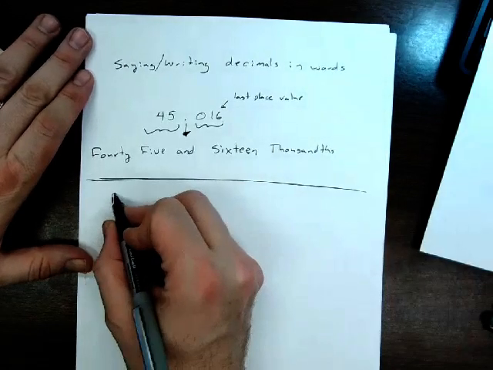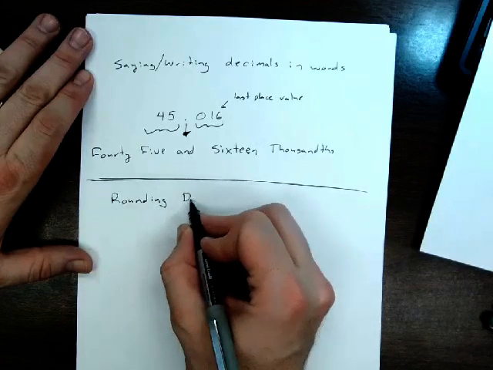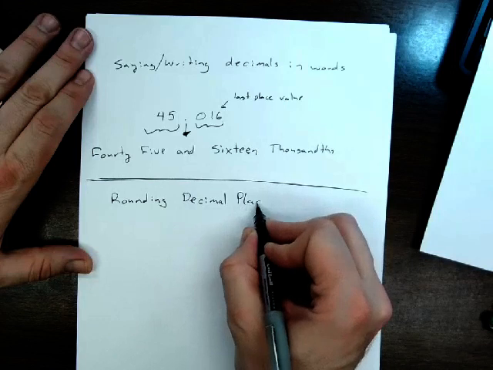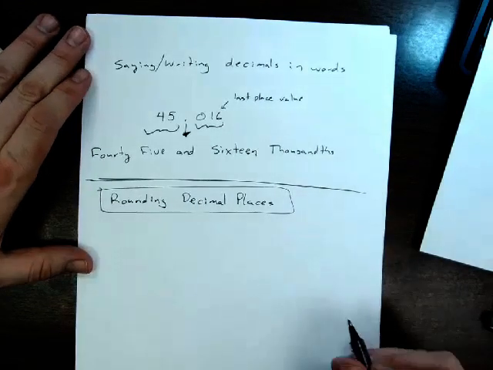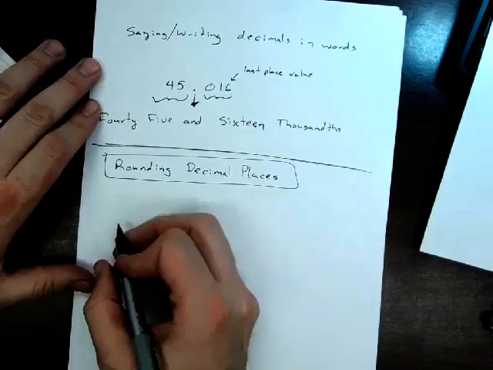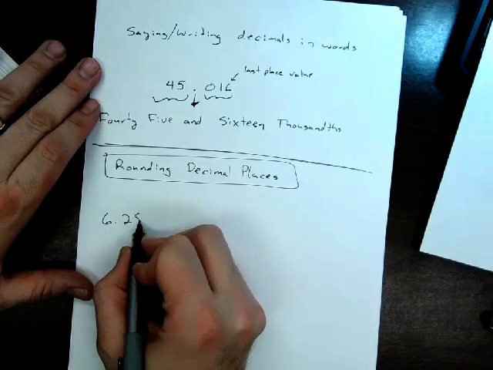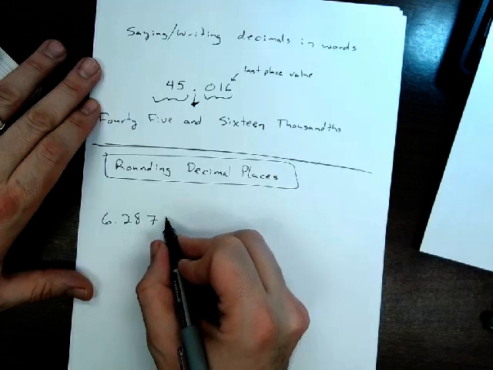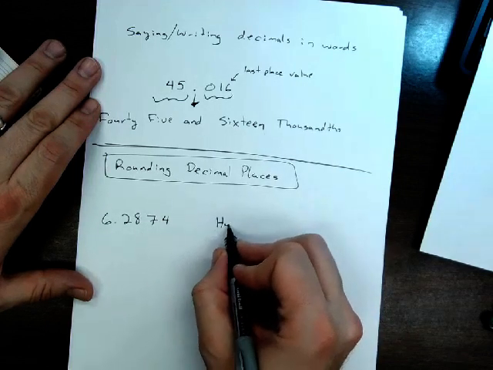Okay, let's start to talk about rounding. And when we're rounding decimal places, our process is very, very similar to what we did before. So say we've got something like 6.2874, and let's say I'm going to round this to our hundredths place.